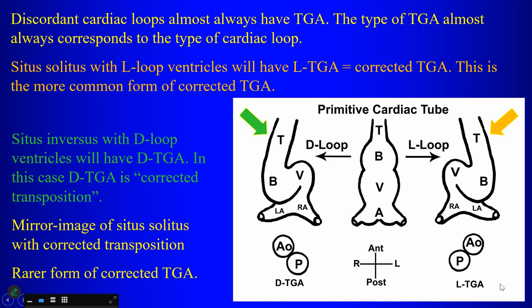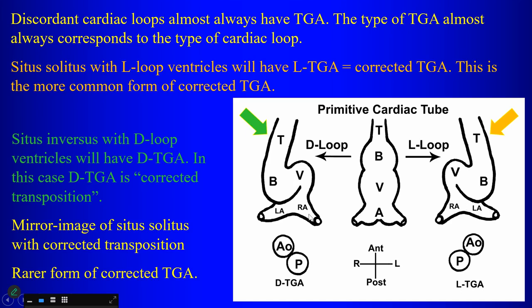So in somebody with situs solitis, when we say L transposition, remember the L refers to the cardiac loop. That's congenitally corrected transposition. Right? We understand that. We've discussed this before in congenital heart disease, but this is the explanation for how you get this embryologically.